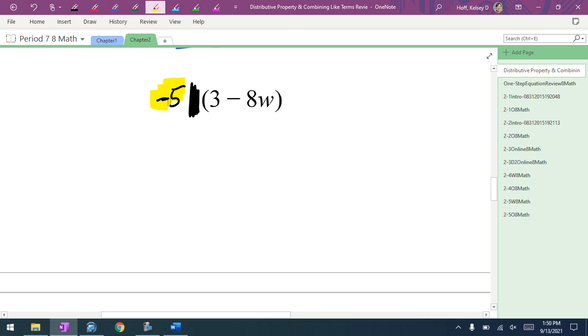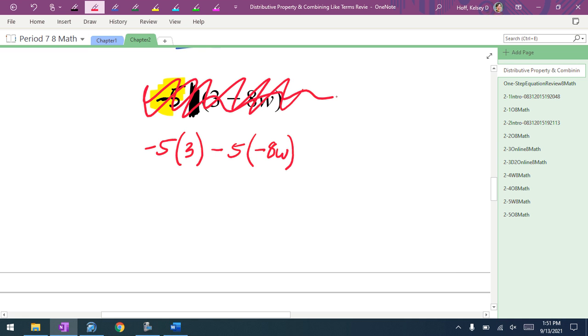So I'm distributing -5. So I'd write -5 times -5 times 3, thank you. A -5 times -8w. At this point, this original problem should be useless to you because you have everything written down in that line.